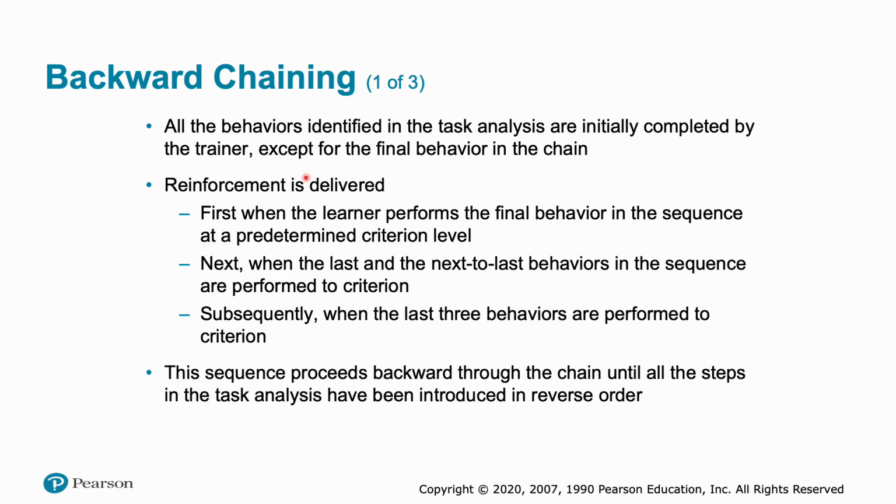And then subsequently, when the last 3 behaviors are performed to criterion, so after they mastered the last 2 steps, you would add in the last 3 steps. It'll be clearer on the next slide.